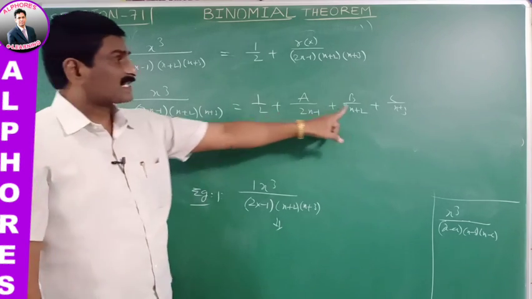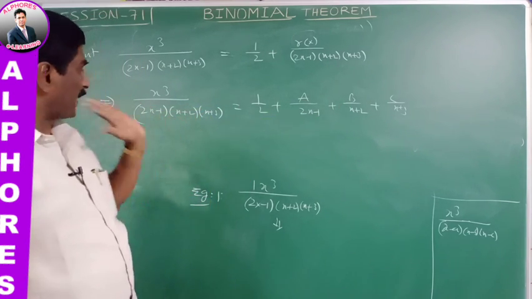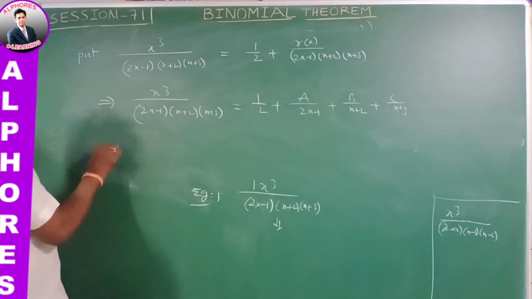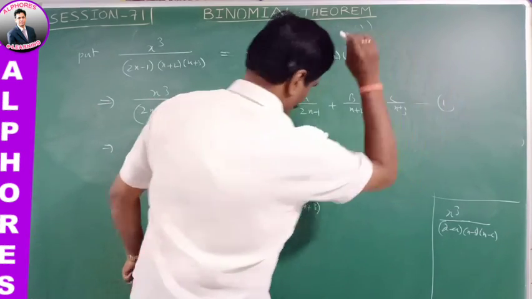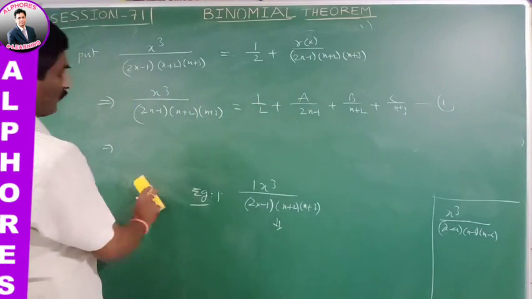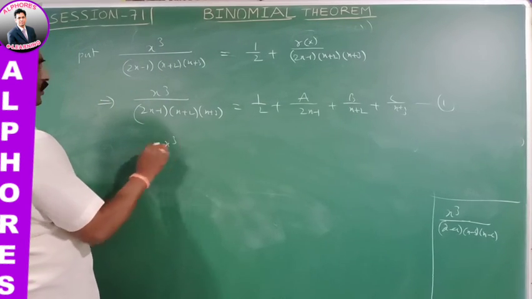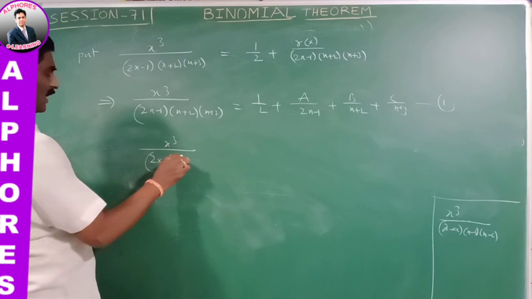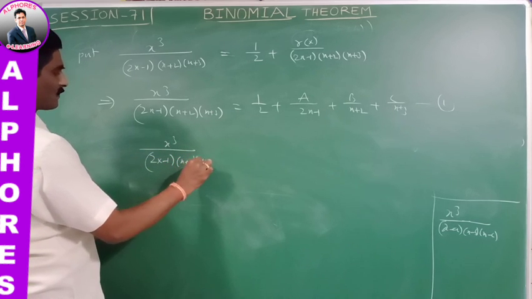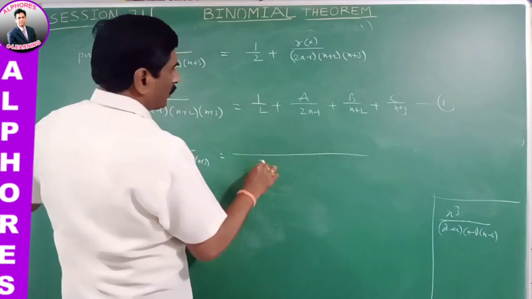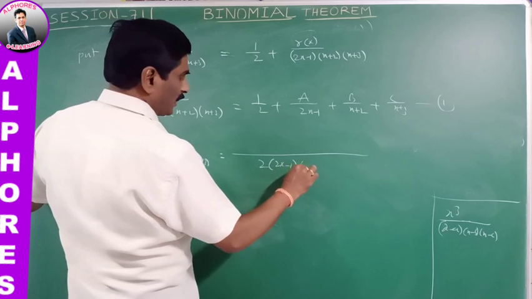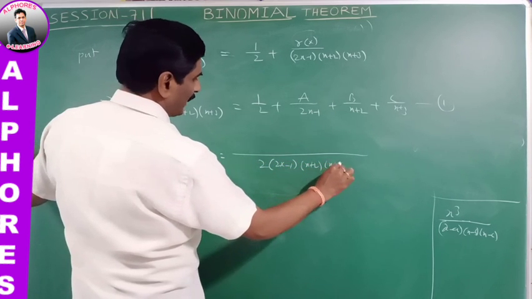Now we find the values of A, B, C. How do we find them? Please write this. It is equation number 1. After taking the LCM, it can be reduced to x cube by 2x minus 1 into x plus 2 into x plus 3 is equal to, what is the LCM? 2 of 2x minus 1 into x plus 2 into x plus 3.